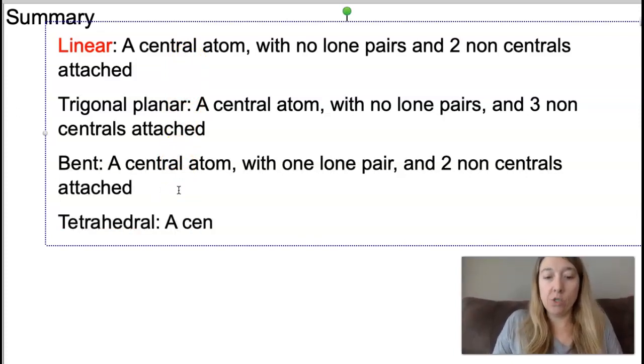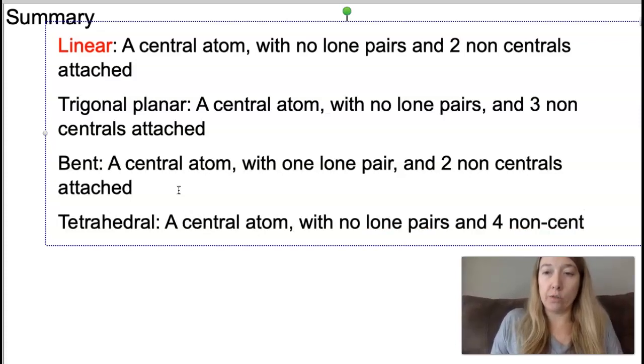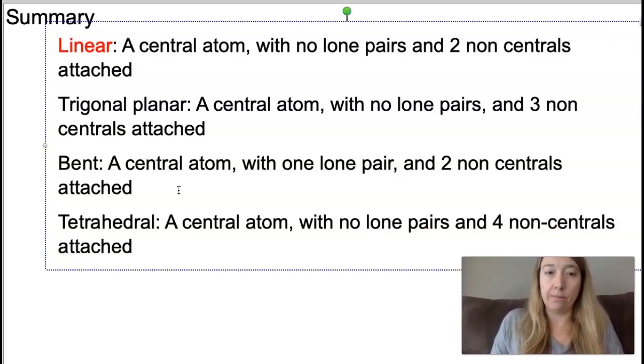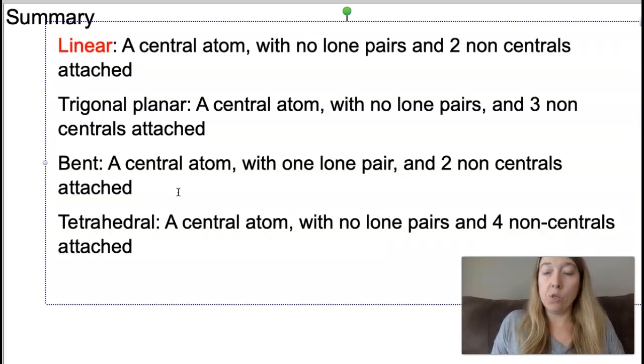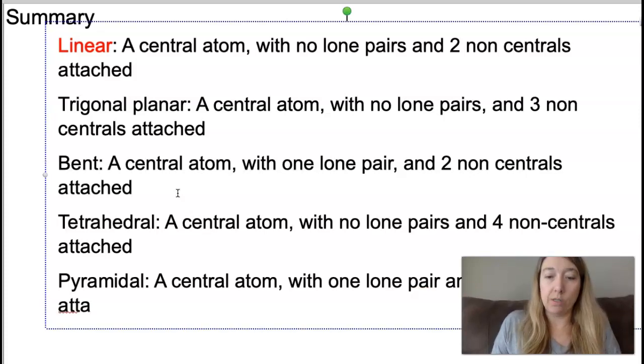So we had a central atom with no lone pairs and four non-centrals attached. Then we went to our first subset of tetrahedral, which was pyramidal. And we saw that in pyramidal, we had a central atom with one lone pair and three non-centrals attached.